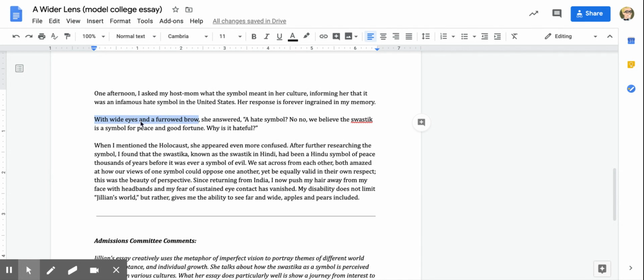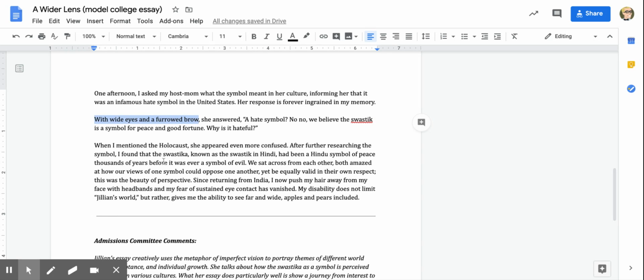That she's confused, or surprised or shocked. But she never uses those words. She doesn't use the adjectives confused, shocked, things like that. She shows us. We'll talk more about that later on when we look at detail more carefully, but this is a great thing to do: show us rather than just tell us what the person was thinking.